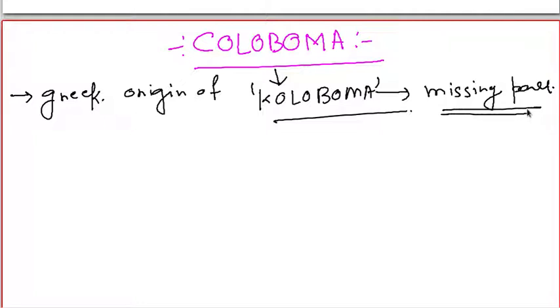Now I have already told you about the choroidal or fetal fissure.